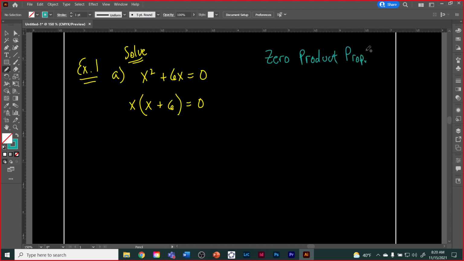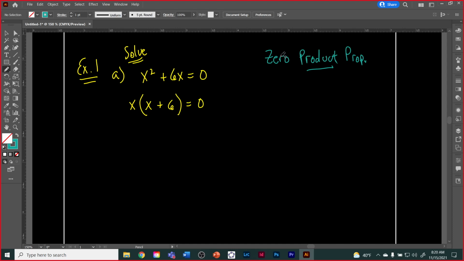I'll just put prop. That prop is for property, okay? So a zero product, what does that mean? That means when your product means it's an answer to a what kind of problem? Addition? Product is multiplication, okay? Product is the answer to a multiplication problem, okay?